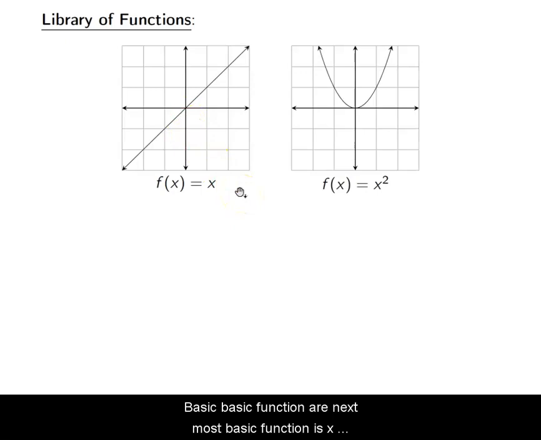Our next most basic function is x squared, right? And again, you're probably used to the expanded form of a quadratic, ax squared plus bx plus c, which we can always generalize into the translated form, the vertex form, okay?